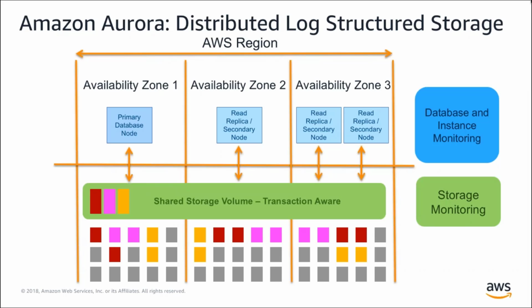Also, because it is a managed storage, there is its own monitoring that happens behind the scenes. So there is no management of storage to be done. And storage is automatically grown for you in chunks of 10 gig, which means you no longer have to do storage scaling on your own.